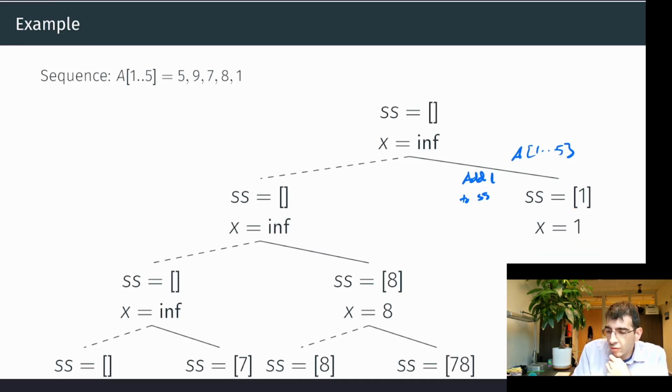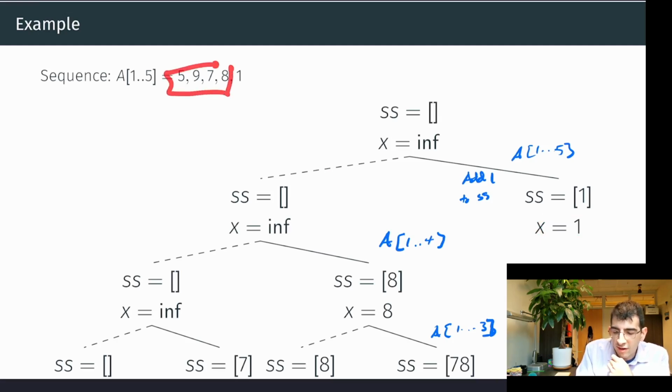So as we go through the additional prefixes of A, as we look at A1 through 4, and as we look through A1 through 3, we know that we can't add any elements that are larger than 1. And in this case, there are no elements larger than 1, and this is where our search tree ends.